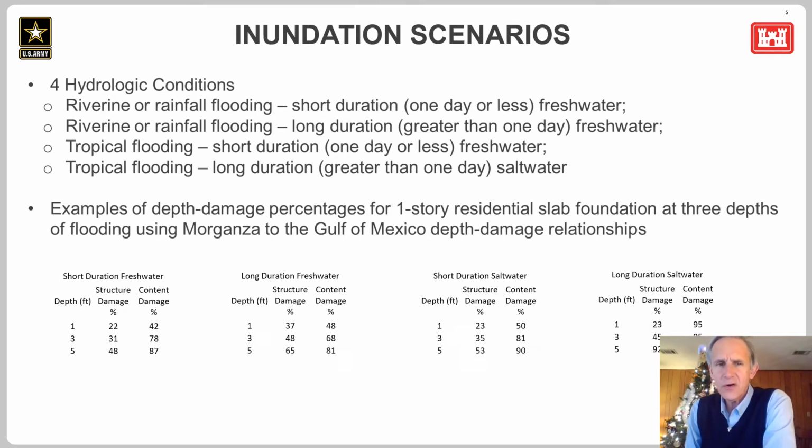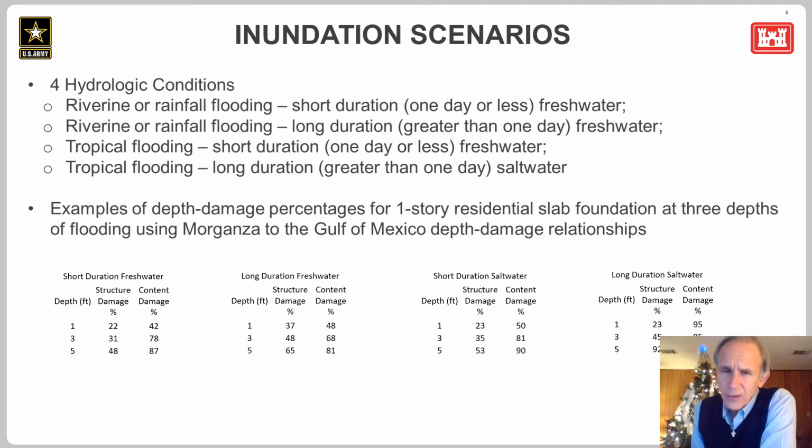Riverine or rainfall flooding, short duration, 1 day or less, freshwater from a river, from heavy rainfall. And then we also have riverine or rainfall flooding, long duration, where water is inside the structure for more than a day. We had a case like that back in May of 1985. It was freshwater flooding, and water was inside of structures for longer than 24 hours.